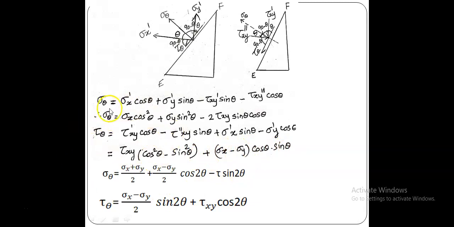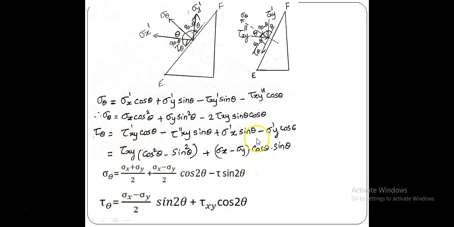So trigonometrically we can solve further using trigonometric formulas. The formula becomes sigma theta is equal to sigma x plus sigma y by 2 plus sigma x minus sigma y by 2 into cos 2 theta minus tau xy sin 2 theta, like that.